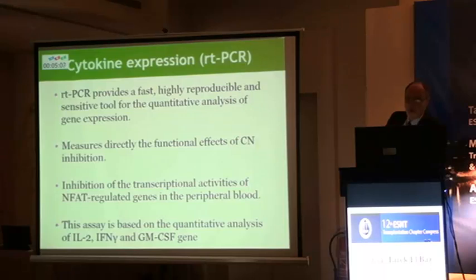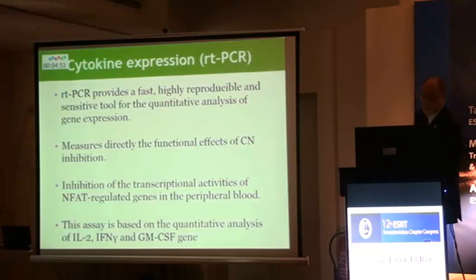And inhibition of the activities of nuclear factor of activated T cells means that these genes in the peripheral blood will be at a very low level. This assay is based on the quantitative analysis of also interleukin-2 and interferon gamma and the granulocyte macrophage colony-stimulating factor gene.